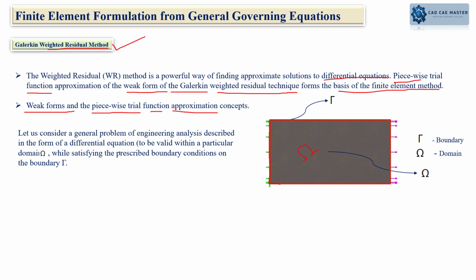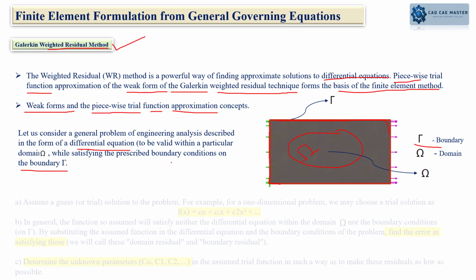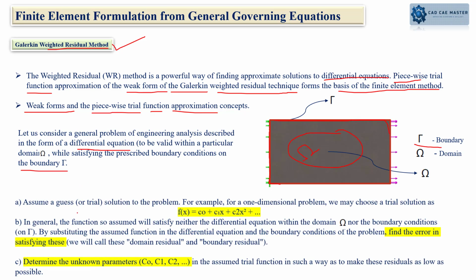Now in general, if we consider this general problem of engineering analysis described in the form of differential equations, this is the valid domain for it. Then the boundary conditions, we consider for this region. These are some assumptions we make, and we try to solve the stiffness matrices there.